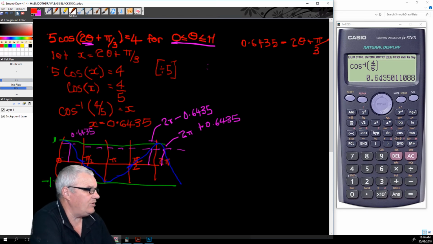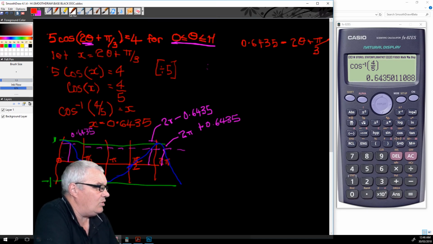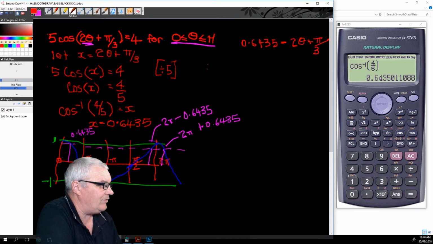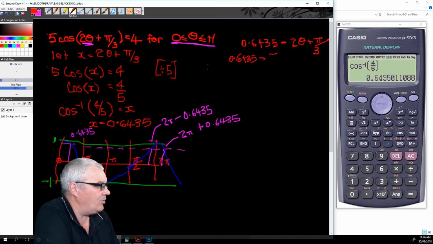Now we've got to solve that for theta, so we have 0.6435 minus pi upon 3 equals 2 theta, and then we'll divide through by 2.